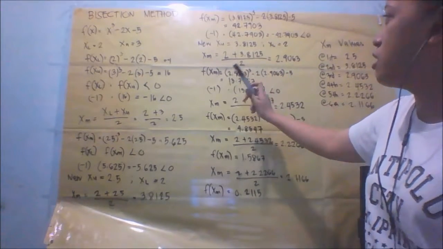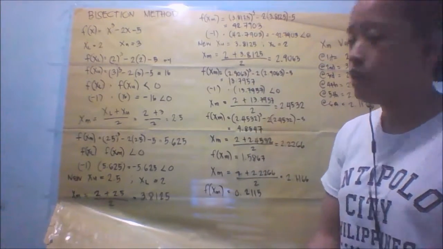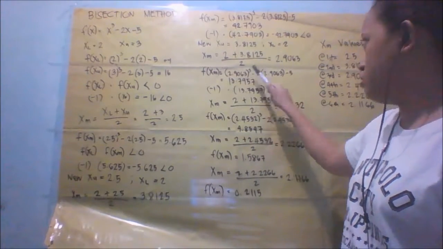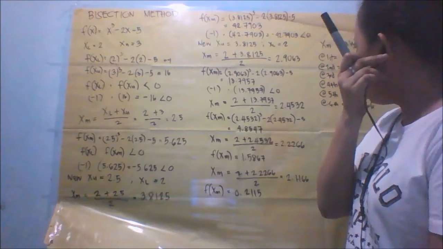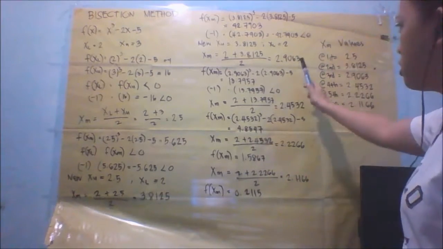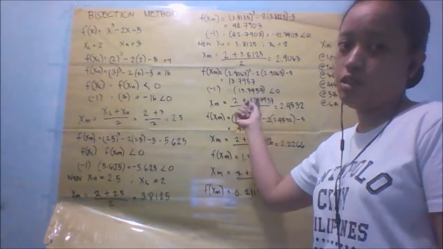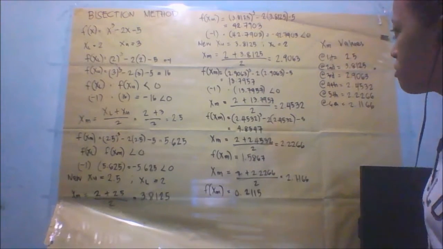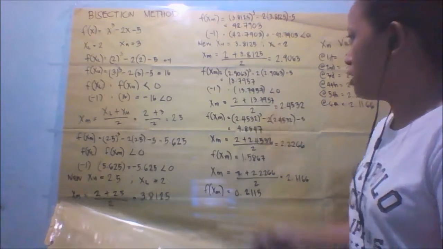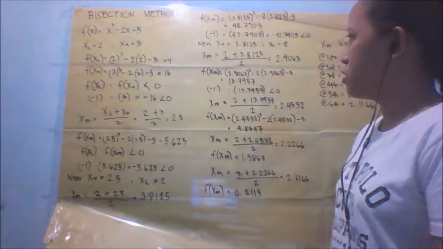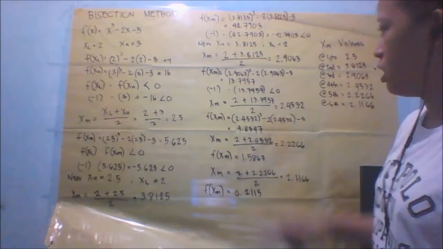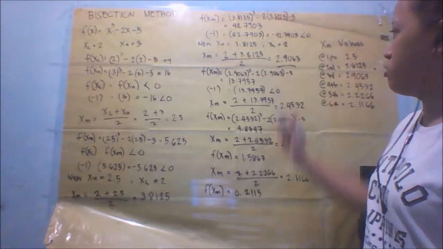So 2 plus 3.8125 over 2 is 2.903. Then getting the f of xm again, we have here 2.903 cubed minus 2 times 2.903 minus 5, which is 13.7957. Again, it is positive, so our xm here will be our new xu.